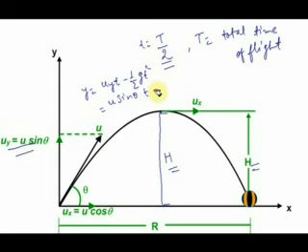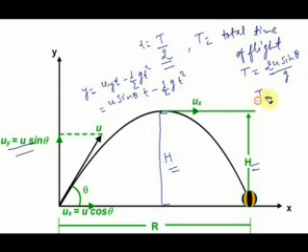So we have y is equal to u sin theta t minus half g t square. Now we already know that capital T, that is time of flight, is 2u sin theta by g. So T by 2 would be u sin theta by g.